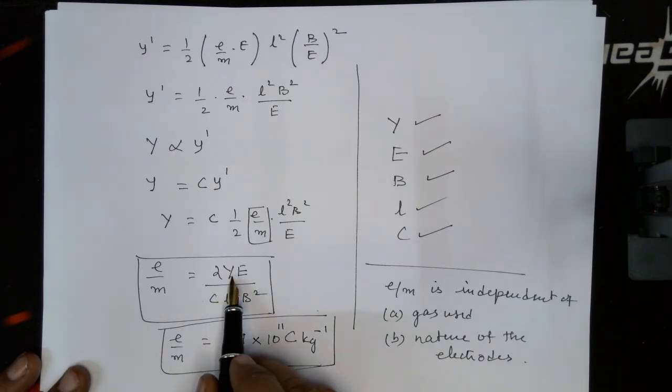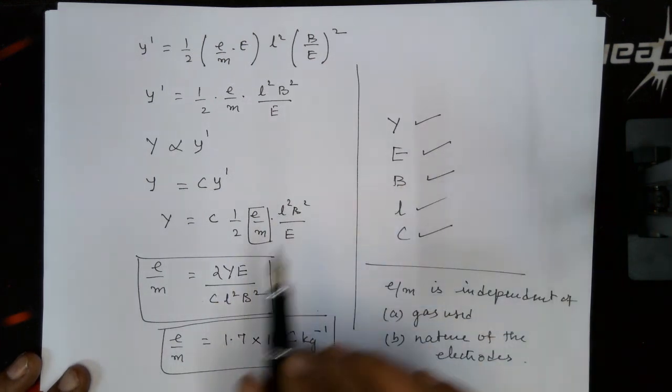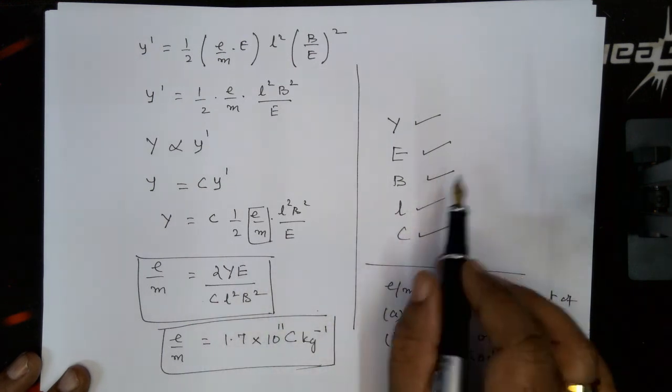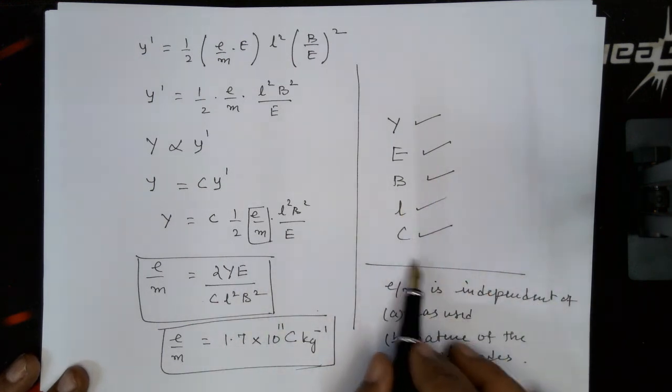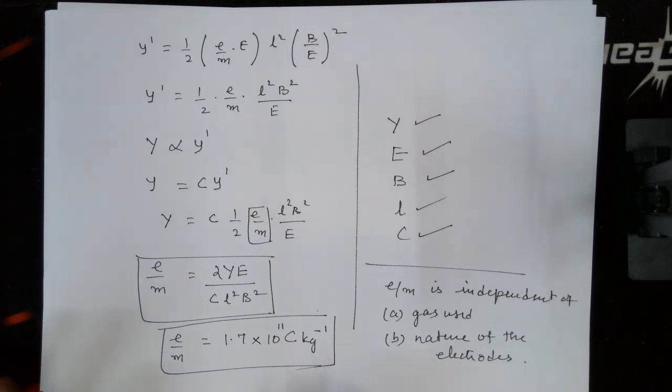Since y is after all the experimental value, E is electric field applied value, B, all these are all constants only, the observed conditions. Therefore, e by m is the constant, and that is declared as 1.7 into 10 power 11 coulomb per kg by J J Thomson.